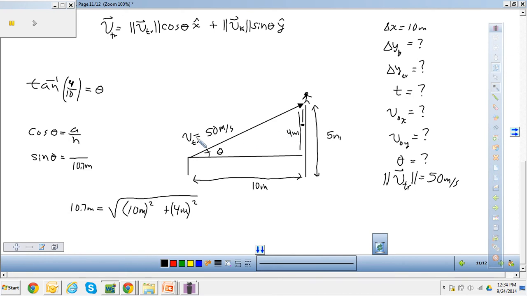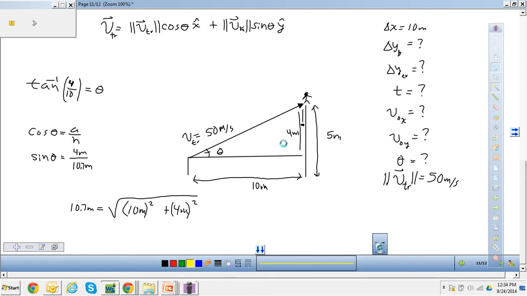What is the opposite side? 4. Do you see that ratio equals sine of theta? Do you guys see that? Would you guys agree? Please satisfy yourself that the sine of theta equals 4 meters, which is the opposite of the triangle. This guy right here.